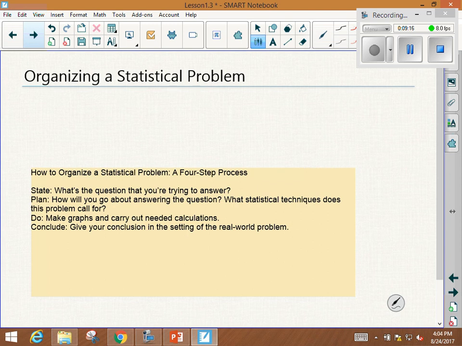And always remember, your socks. When you give your conclusion, you need to give it in the setting of the real problem and talk about the distribution in terms of socks.